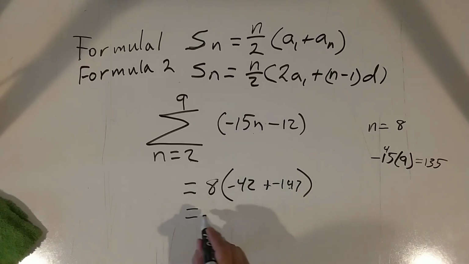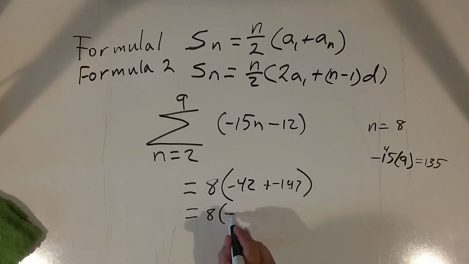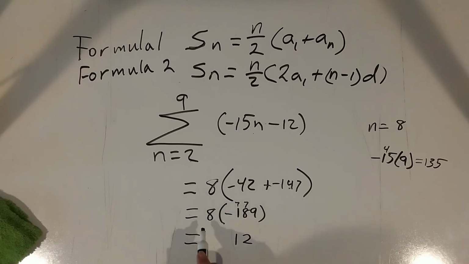And so this will be 8 times negative 189. 8 times 9 is 72. So the sum would be negative 15 over 2.